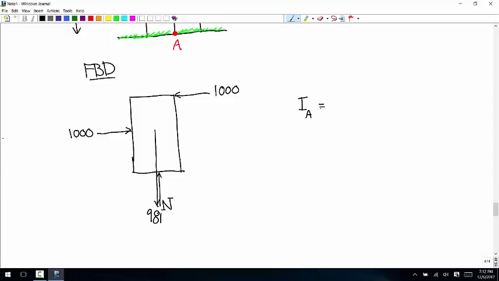Yeah, so it's going to be 1/12 times 100 times the length, the length where we're in the middle. So this is 0.5.